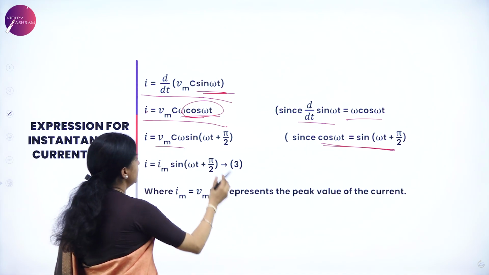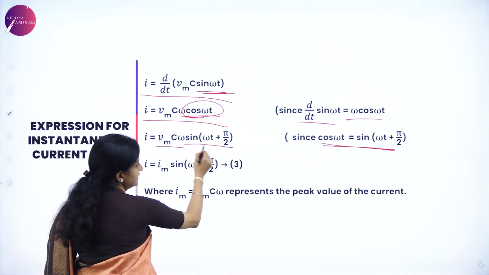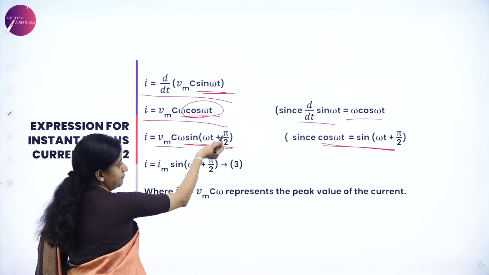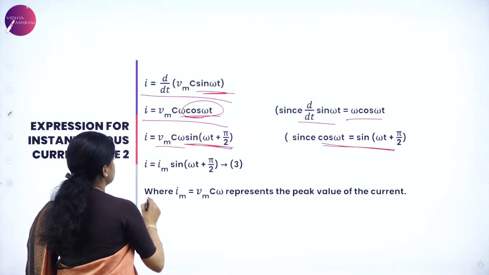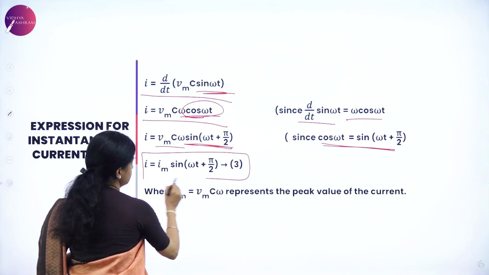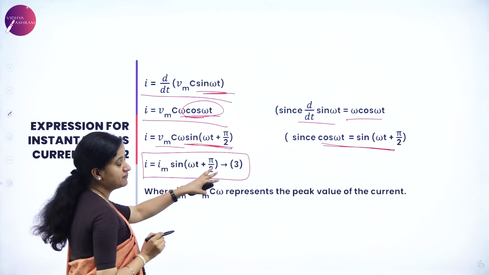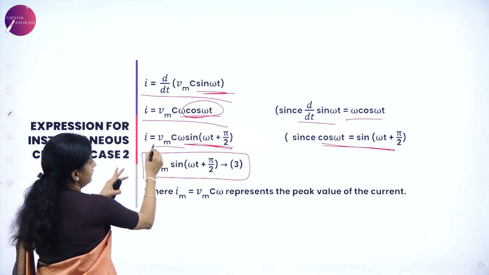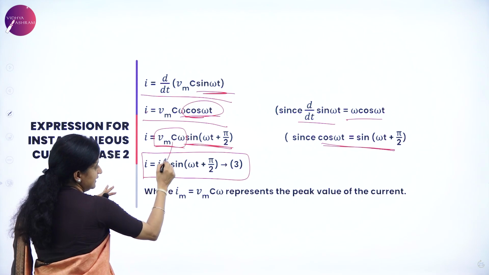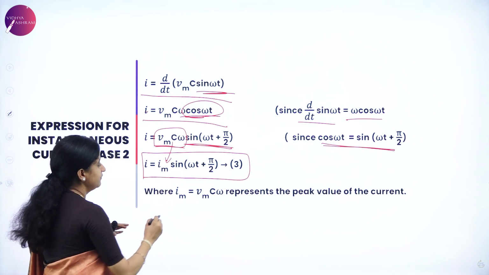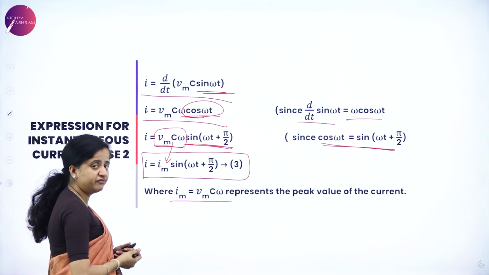So we can write cos omega t as sine of omega t plus 90, that is pi divided by 2. So I is equal to Im sine of omega t plus pi by 2 is our third equation, where Vm C into omega is nothing but the term Im, which is the peak value of current.